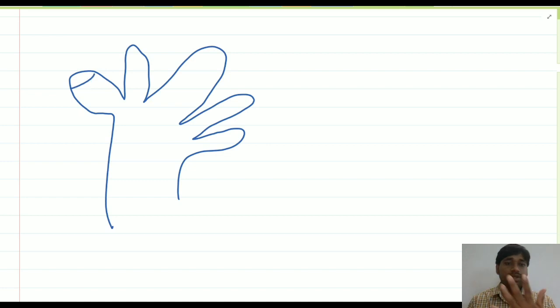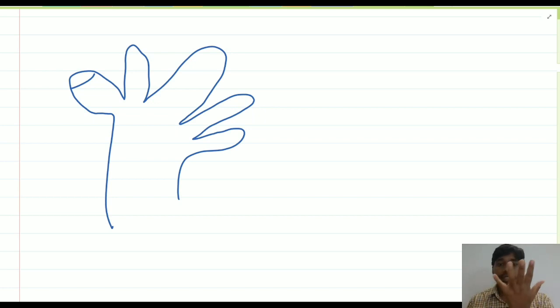So you have a hand, your hand having 5 fingers, like this. Turn it like this. This is the smallest finger, this is the next finger, this is the middle finger, the forefinger, and as well as a thumb.